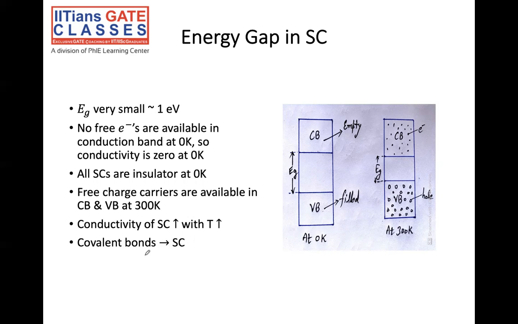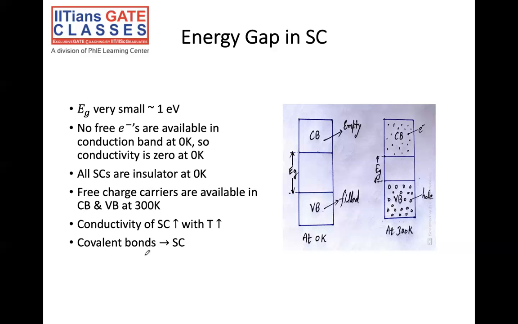So conductivity of the semiconductor increases with the temperature. Covalent bonds are found in semiconductors. So why does conductivity increase with temperature? We will understand this later also, how it is changing with temperature. That we can easily understand with different expressions in the coming slides.